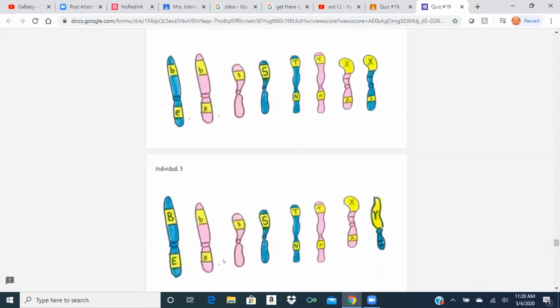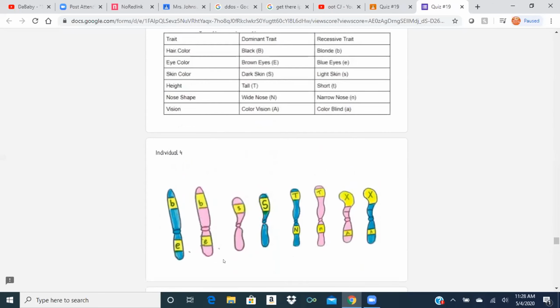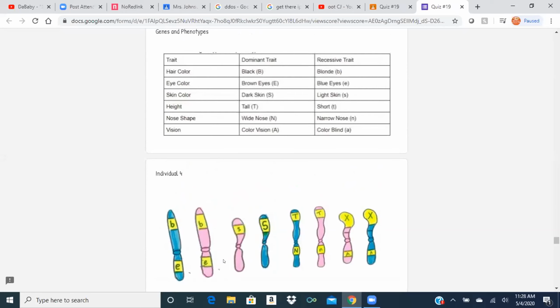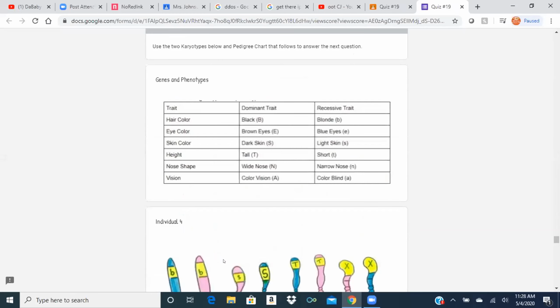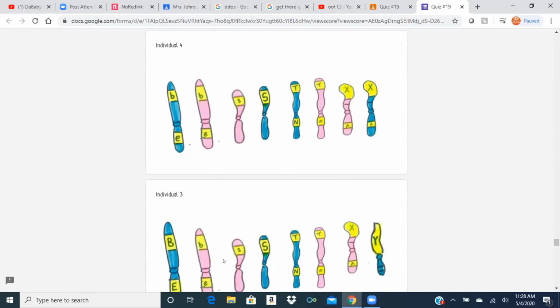Go to the chart that says what the letters stand for. Right there. What letter stands for colored vision? A. Now look at the genes. Do you see what A's you see?